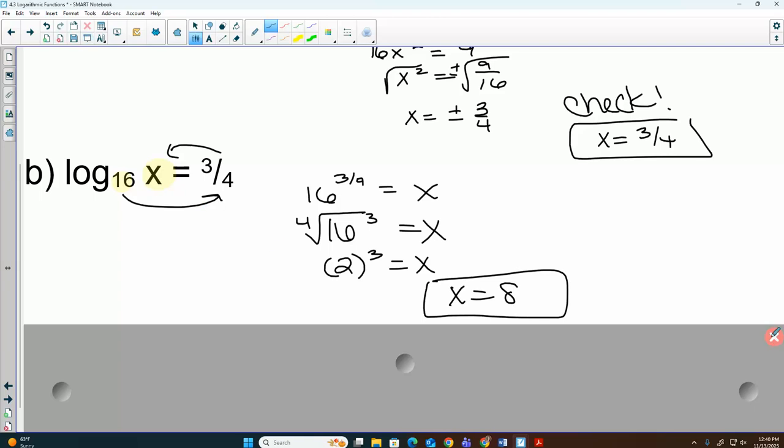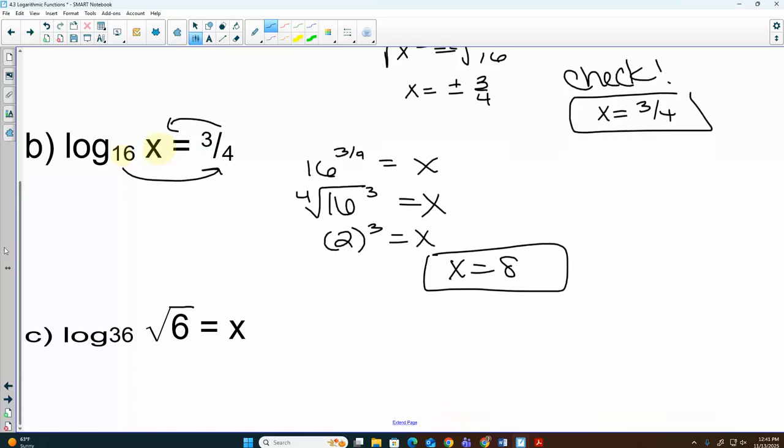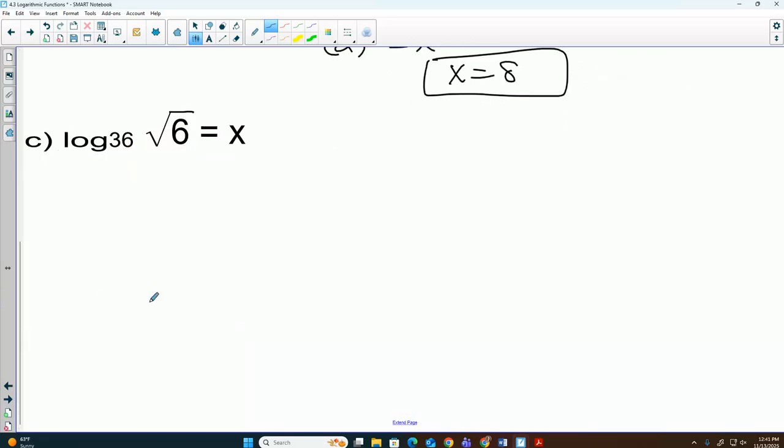Okay, another. If I said log base 36 of the square root of 6 equals x, how do I write that in exponential form?